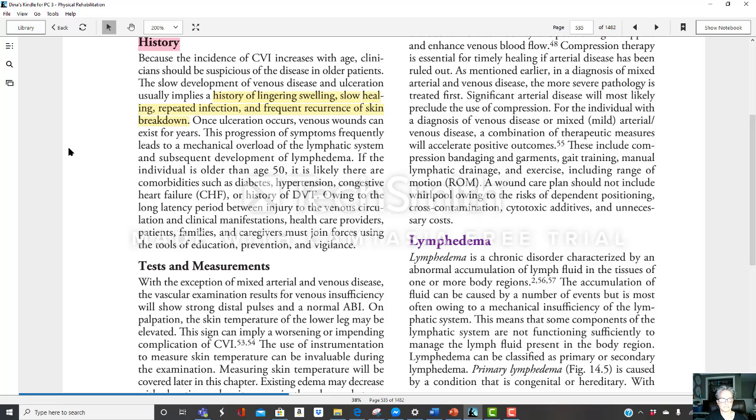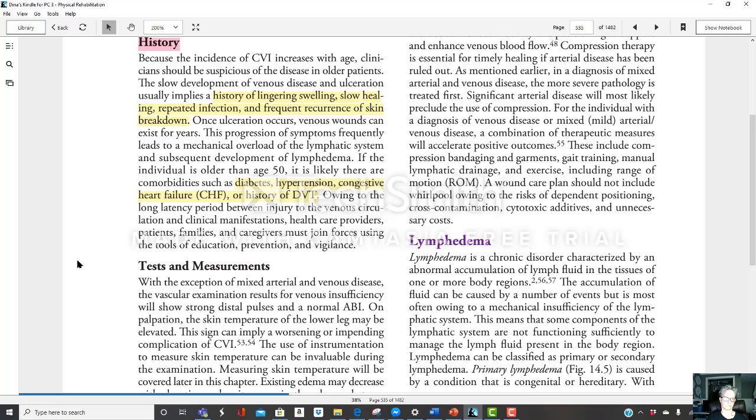This progression of symptoms frequently leads to a mechanical overload of the lymphatic system and subsequent development of lymphedema. If the individual is older than age 50, it is likely there are comorbidities such as diabetes, hypertension, congestive heart failure (CHF), or history of DVT.